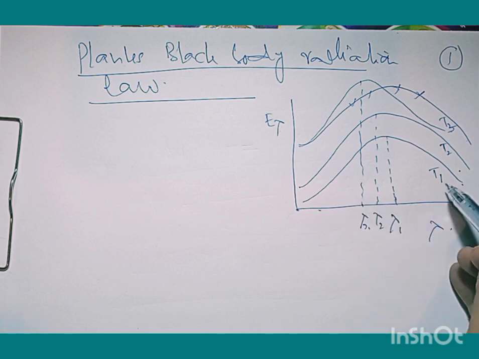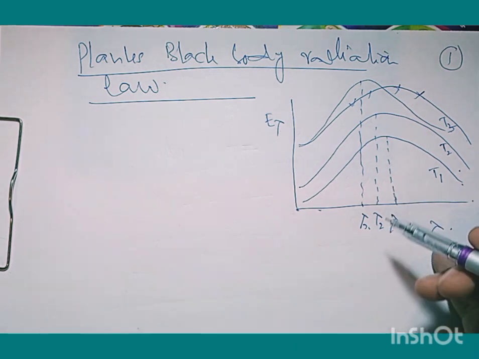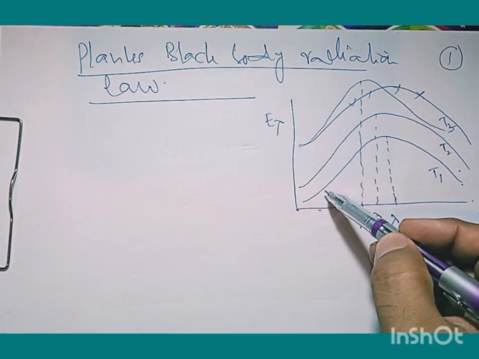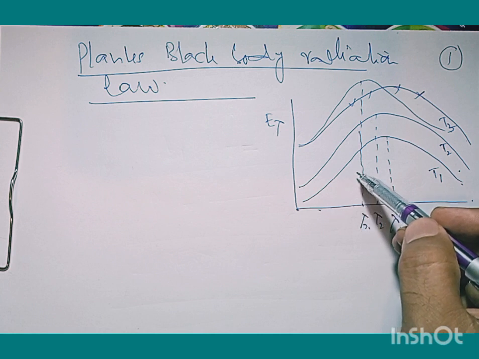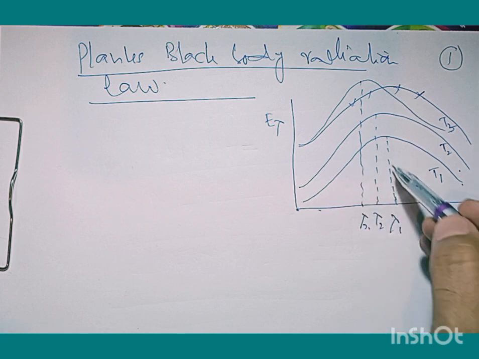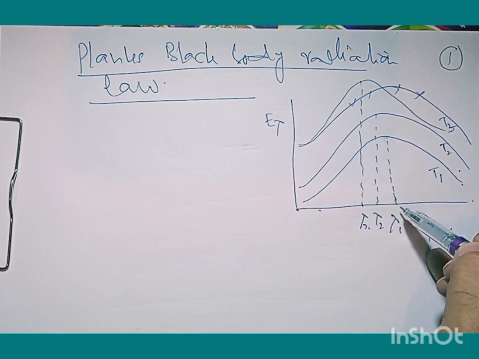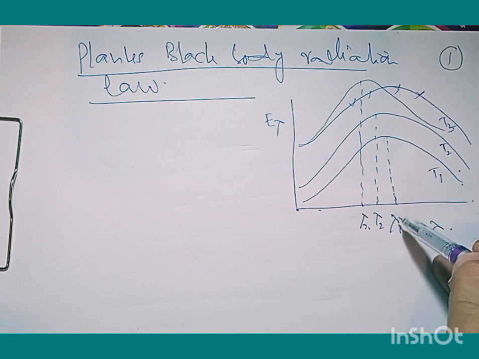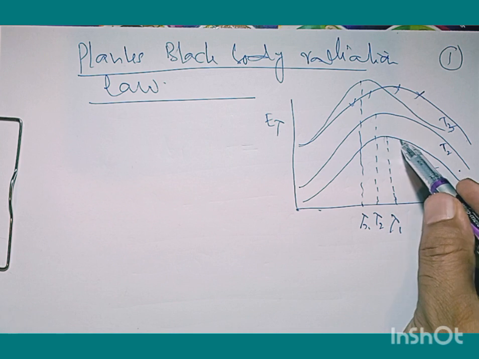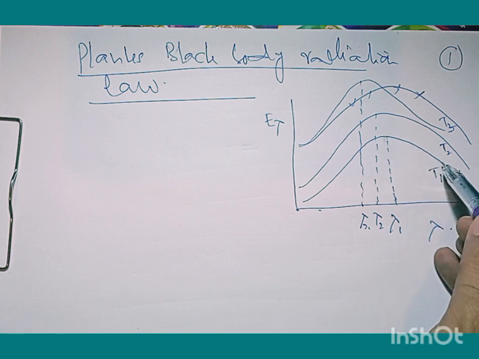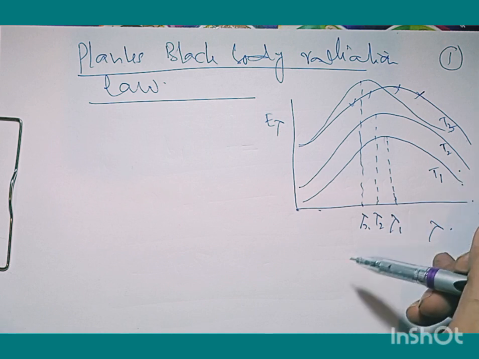At a given temperature, for example T1, the intensity of radiation increases with increase of the wavelength and becomes maximum at some particular lambda. On further increasing the wavelength of the radiation, there is a fall in the intensity of the heat radiations.